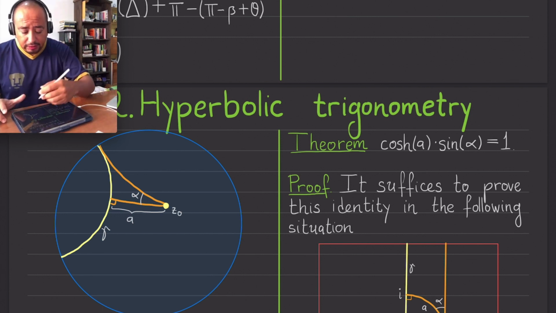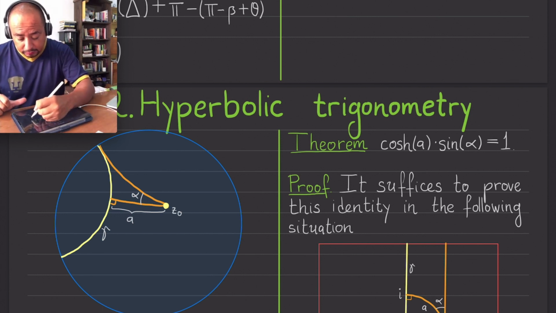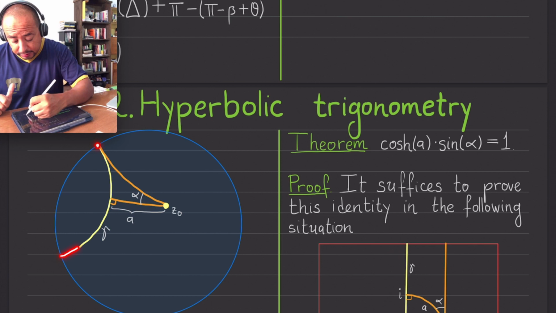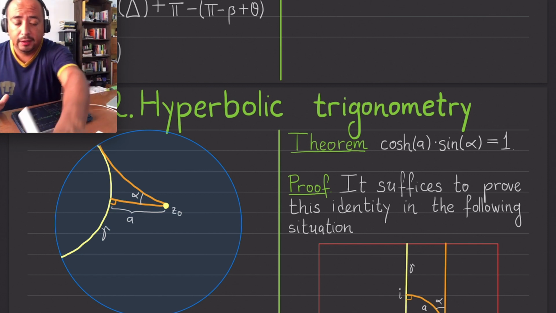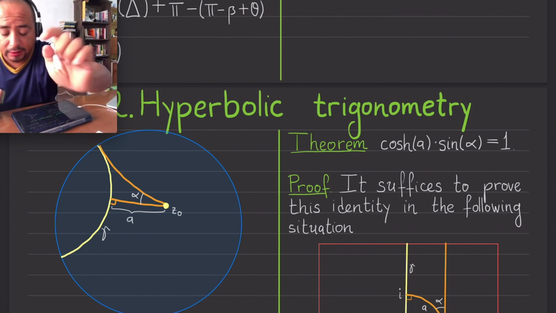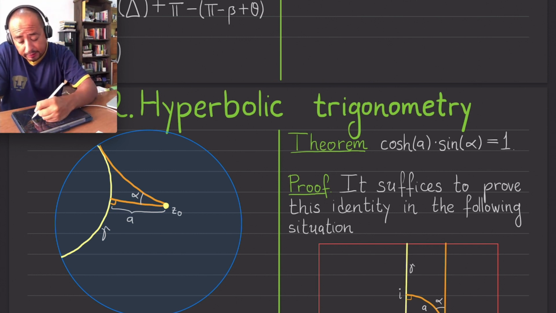And the intuition is that if one takes this point at infinity, one of the end points of the yellow shortest curve, which lies at infinity, so it's really not in U, it's, as I said, a point at infinity. And so this point at infinity and this finite point determine a shortest curve.